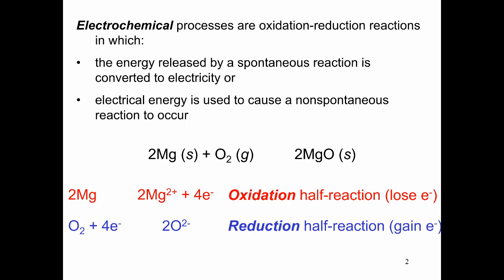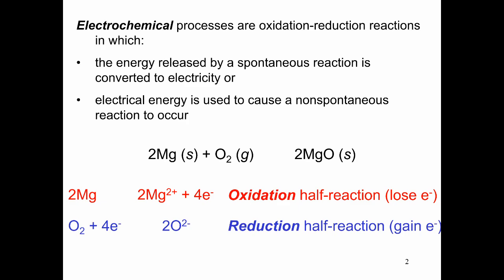The amount of electrons that the reducing agent, magnesium, lost must be the same as the amount of electrons that your oxygen gained, for the reaction to balance. So you have 4 electrons lost by the 2 magnesium atoms and 4 electrons gained by the 2 oxygen atoms. So that's oxidation and reduction.